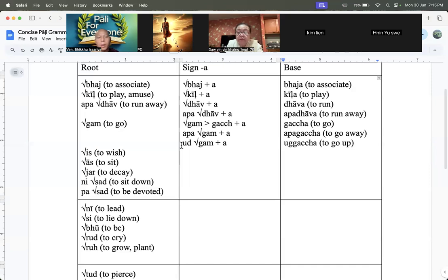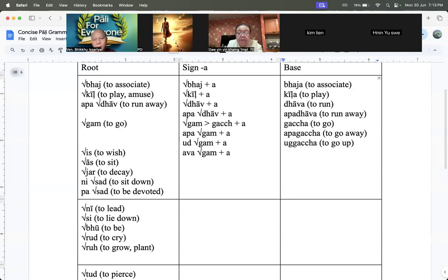Now in Pali ud is up, but in English, at that sense also can be understood. And then similar to that, ava and gam and a.